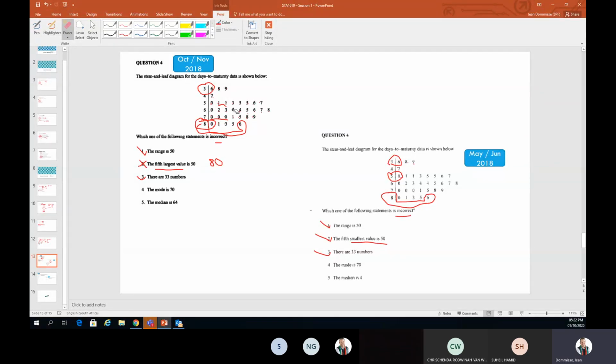So that will then not be. Okay, so 70 is the mode in this one. When we look at this one as well, 51, 52 twice, 64 twice, 70 three times. So it would be right.